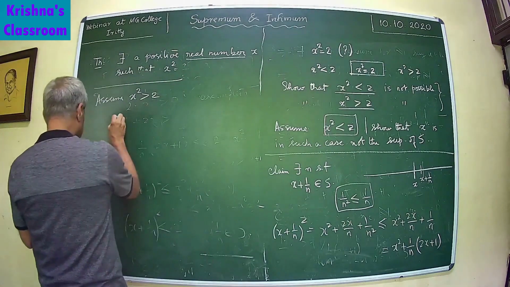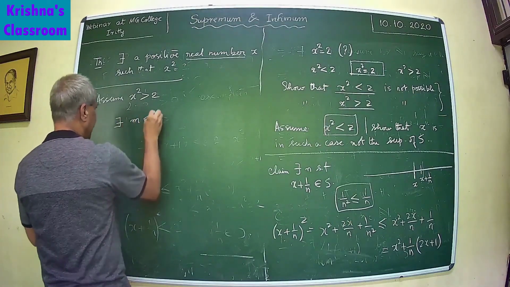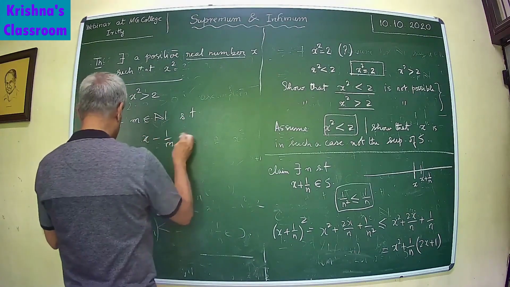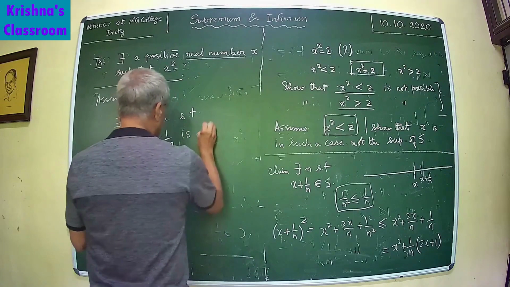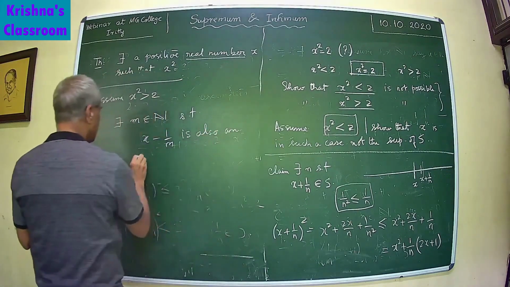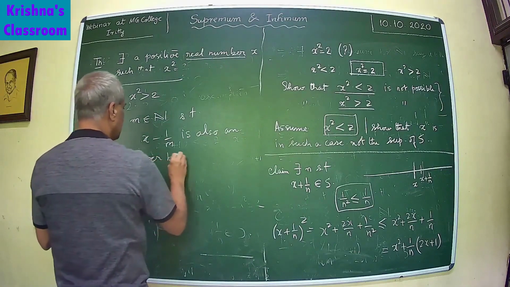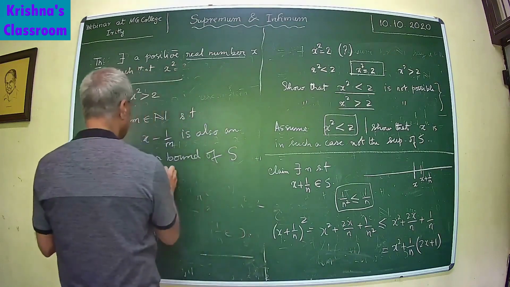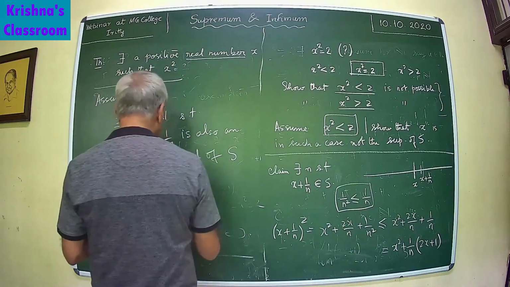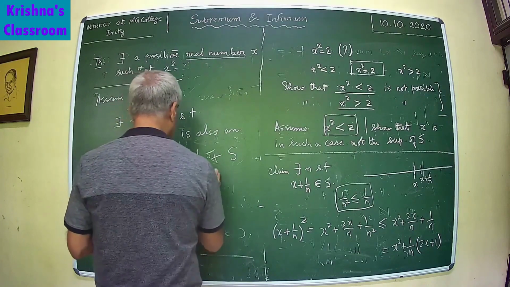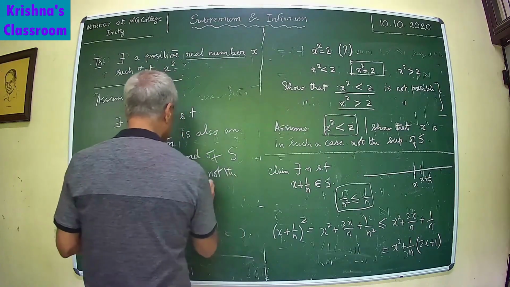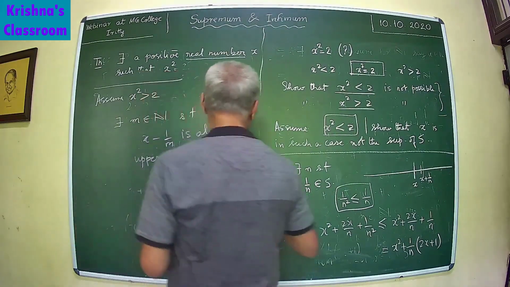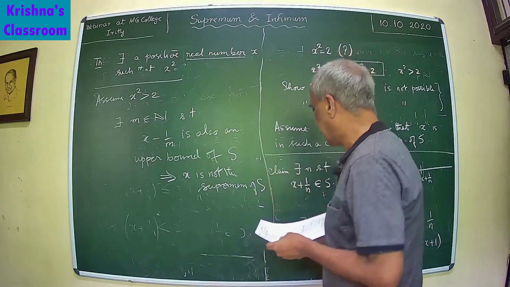Prove that there exists m belonging to N such that x minus 1 by m is also an upper bound of S, which implies x is not the supremum of S. That works out, so I leave it to you to work out.